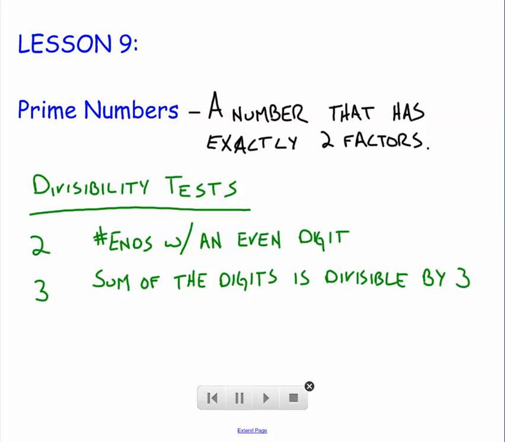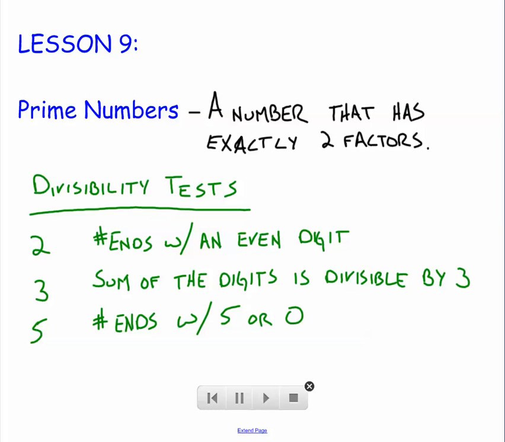So for instance, 12 is divisible by 3 because 1 plus 2 is 3, and 3 is divisible by 3. A number is divisible by 5 if it ends with a 5 or a 0.